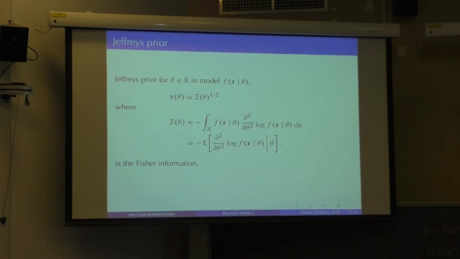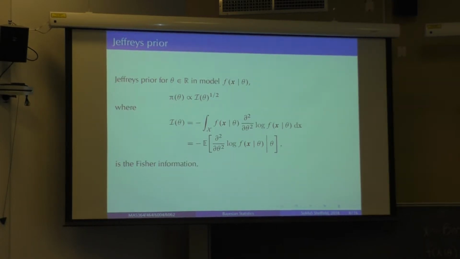And the way we derive this prior is relatively simple. Are you familiar with Fisher information? No? No one? Okay, fair enough. So, as the name implies, this is a measure of information in the data, right? And it has to do with the second derivative of the likelihood of the model.